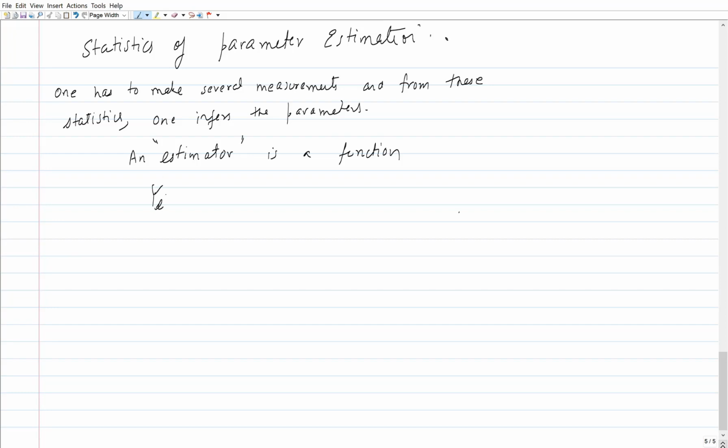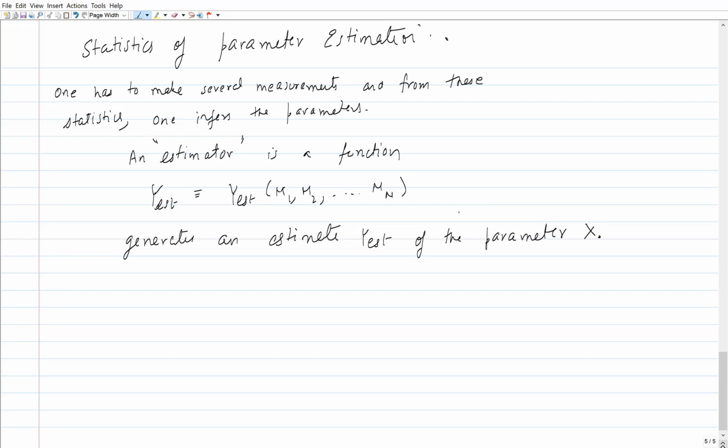I just name it as Y, the estimator, which is essentially a function that will take all your measurements and then generate an estimate, y est, of the parameter x, based on the data. Remember, this was our measurement record.